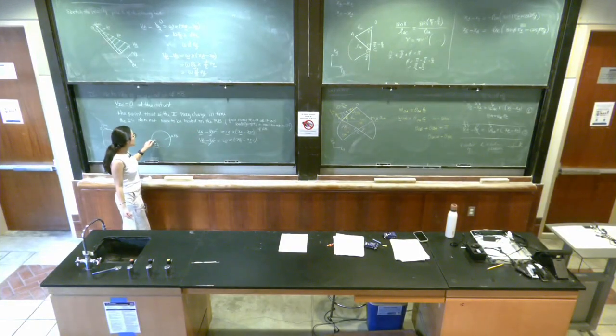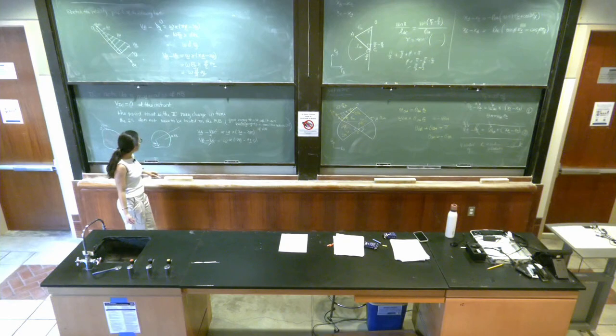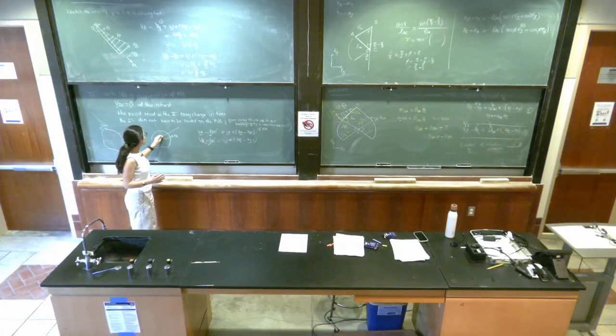So the IC belongs somewhere here on this line and somewhere here on this line. So the IC is here.